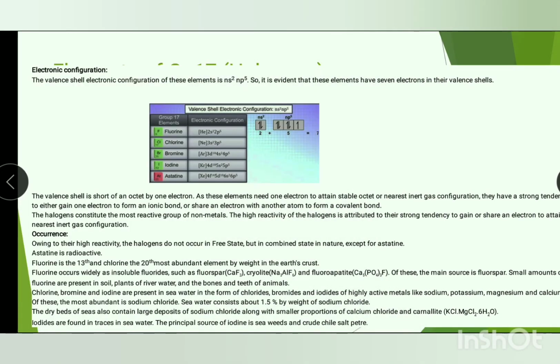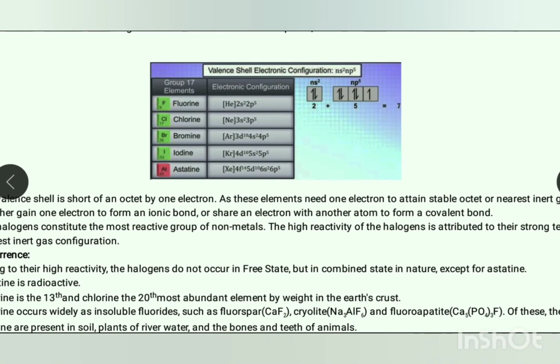Next is group 17 elements: fluorine, chlorine, bromine, iodine and astatine. These 5 elements constitute group 17 in the periodic table.